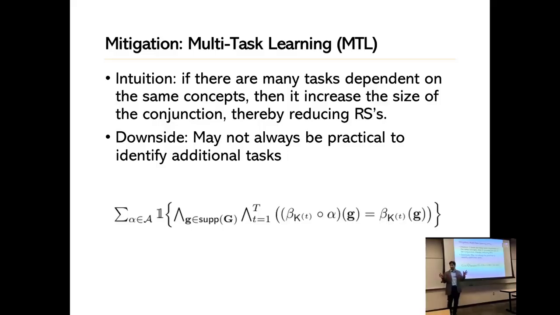Those concepts would deal with both of the two different tasks. Now, of course, the downside to this is you might not have an additional task, so that would not be good. And also, identifying additional tasks, doing that extra work, may also end up leading to computational issues as well.